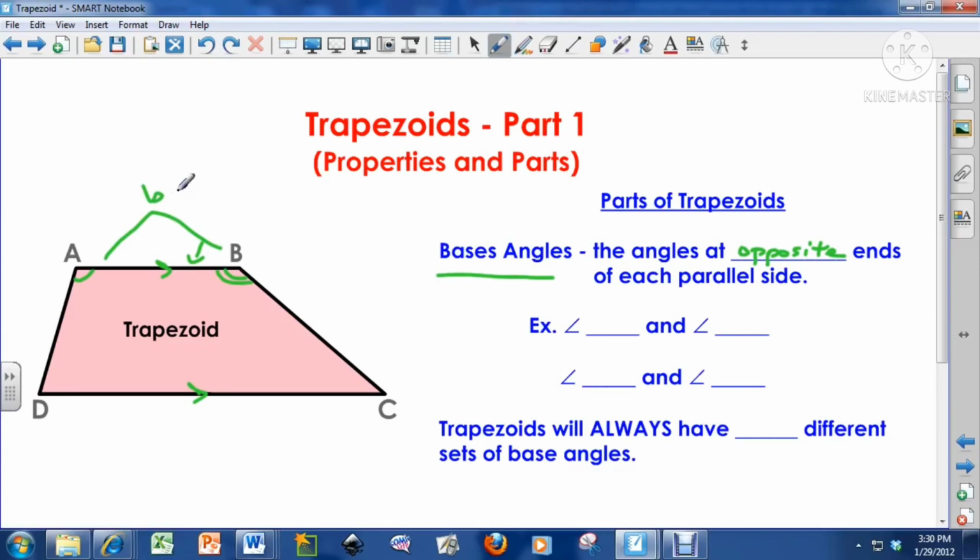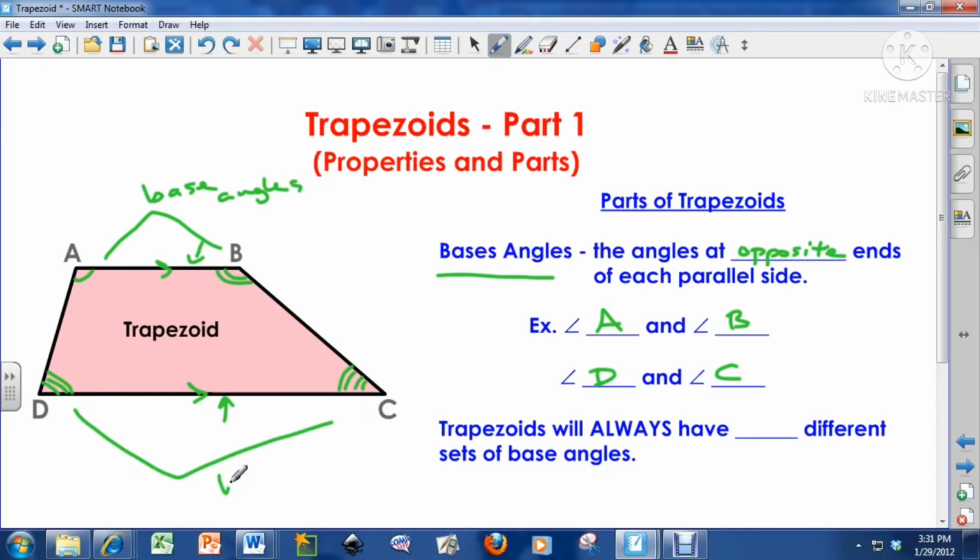So we have to write here base angles: A and B, because they are at the ends of a parallel side. Next, the opposite parallel side has angles C and D.